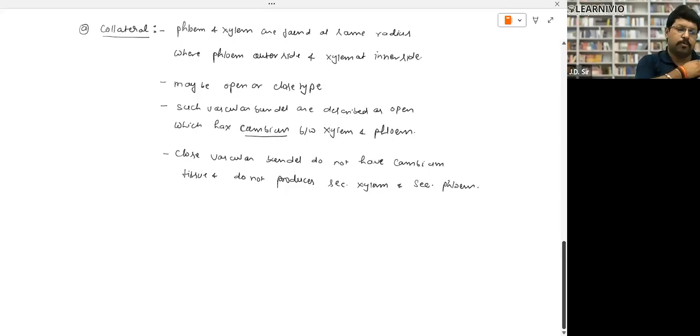Right? They do not produce secondary phloem and secondary xylem. Means they are not responsible for secondary growth. Secondary growth means growth in thickness. Clear or not?